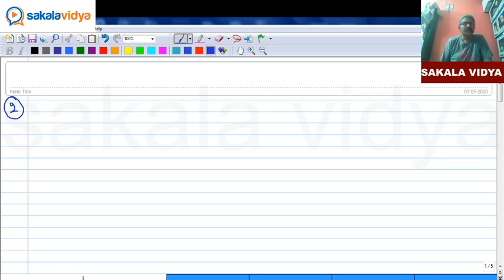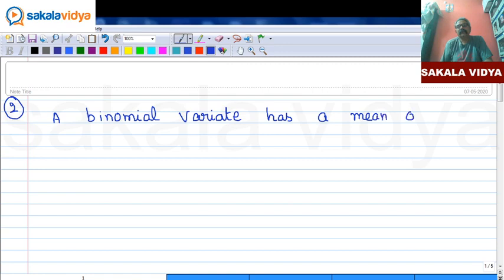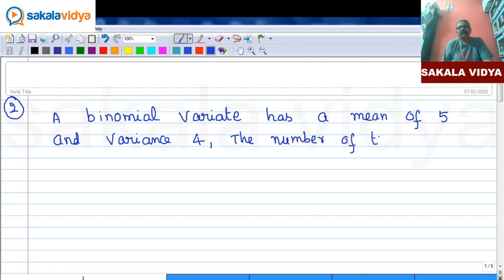Now, the second question. A binomial variate has a mean of 5 and variance 4, then the number of trials.